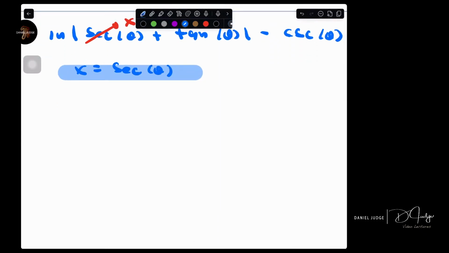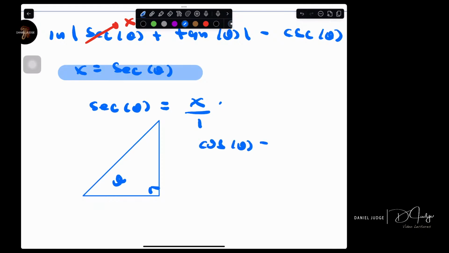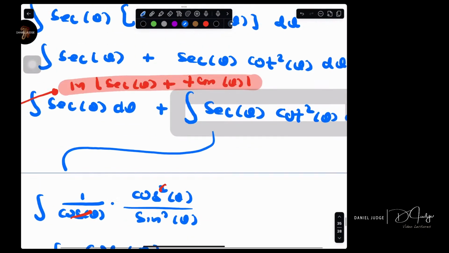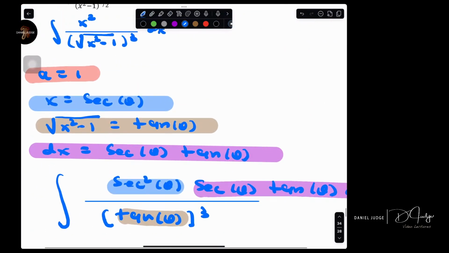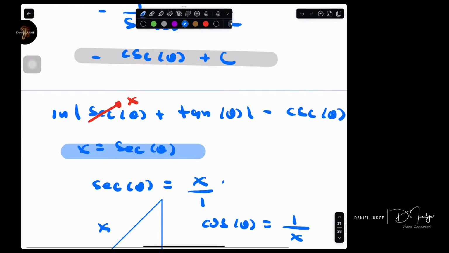If we create our right triangle, secant theta is x over 1. If secant theta is x over 1, cosine theta is 1 over x. Cosine is adjacent over hypotenuse, so the other side is the radical, the square root of x squared minus 1.